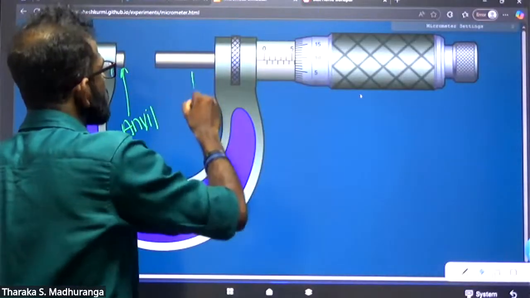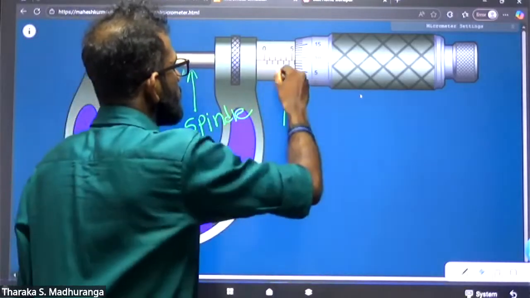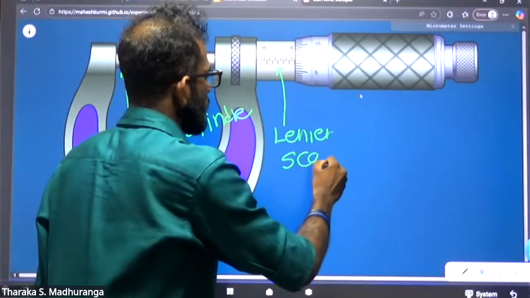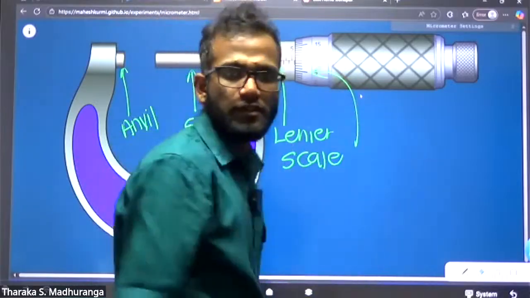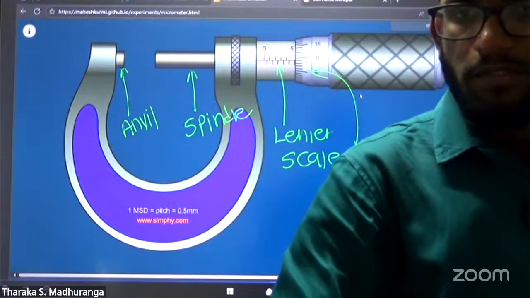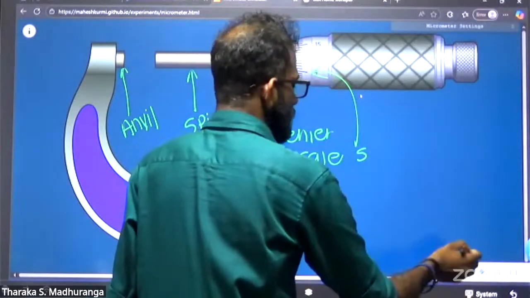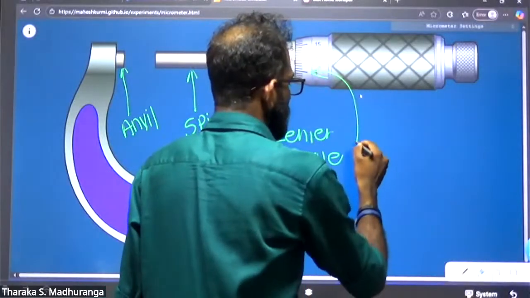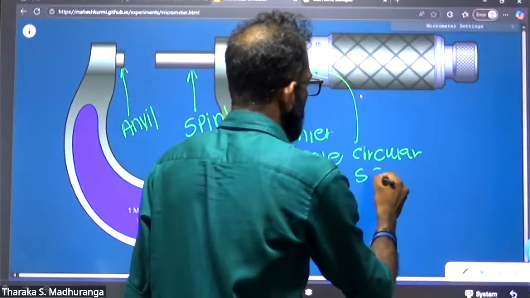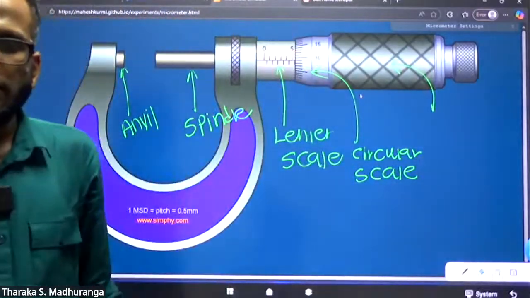This is the spindle. This is the linear scale. This one, what is this one? Very good, it's the circular scale. Circular scale. This one.